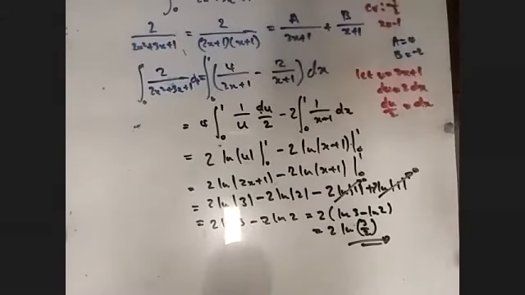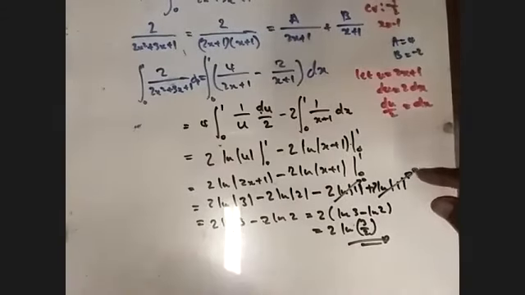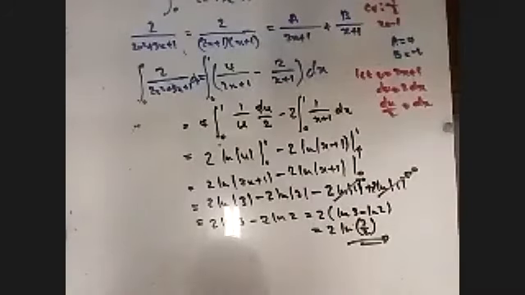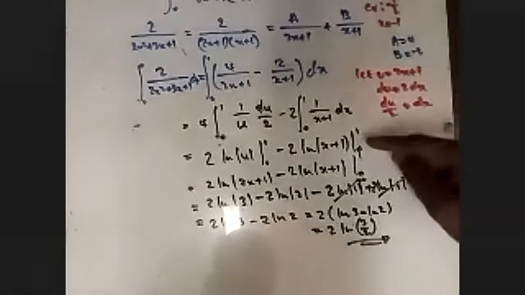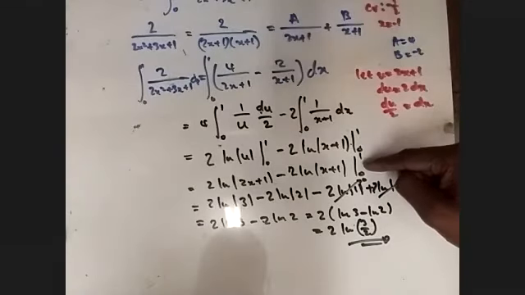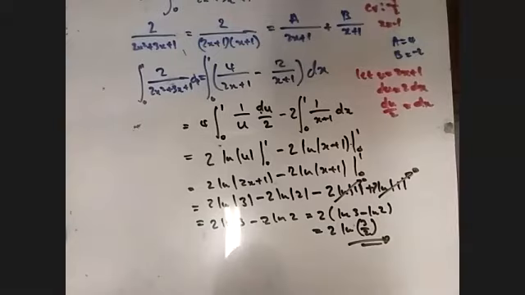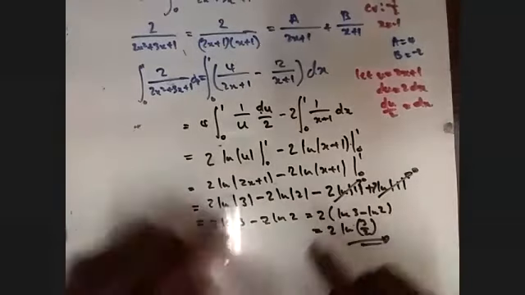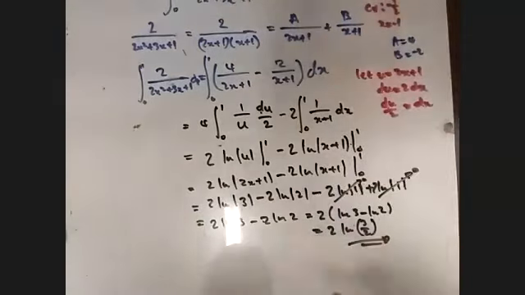How did I find them? I substituted these values. Can I just explain this one, and then I'll give you the chance?